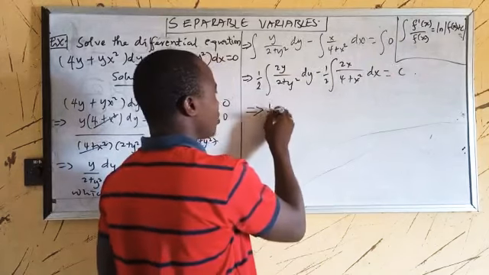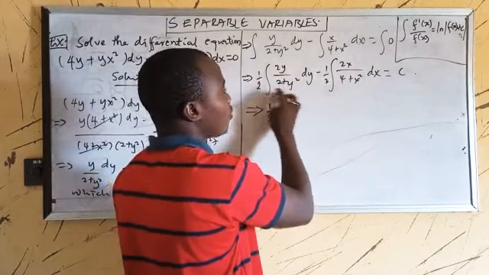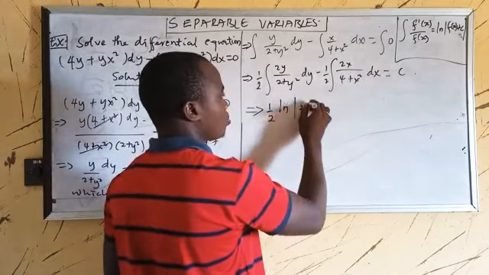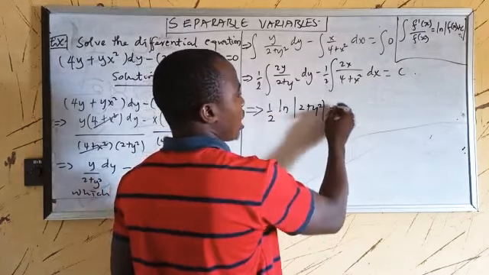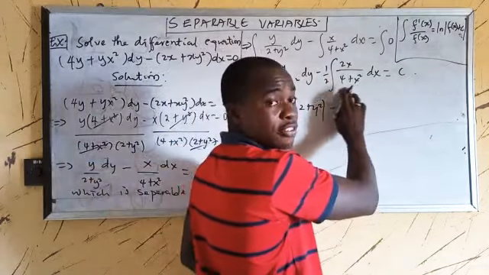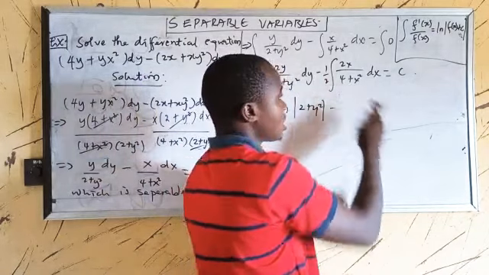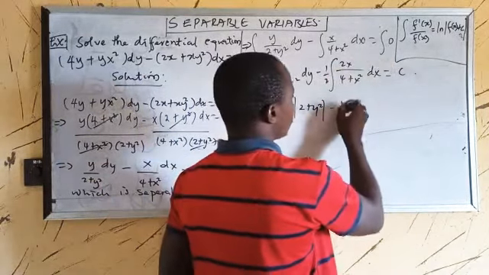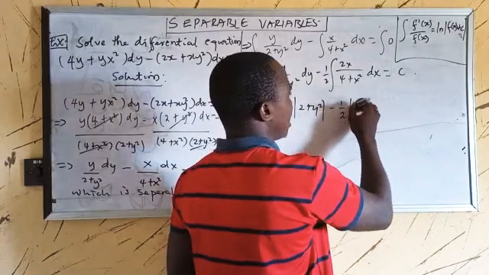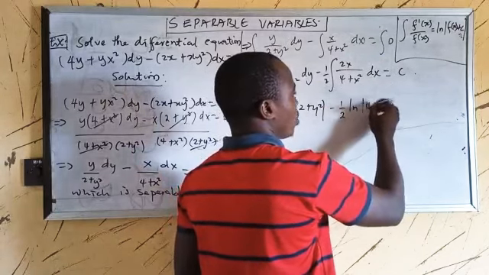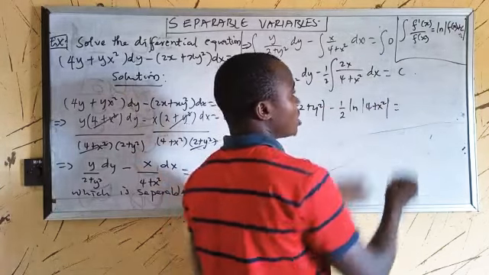So we have 1/2 ln(2 + y²), minus, same thing here, if you differentiate the denominator, we have 2x and we have 2x at the numerator, so this will be 1/2 ln(4 + x²) equals c.